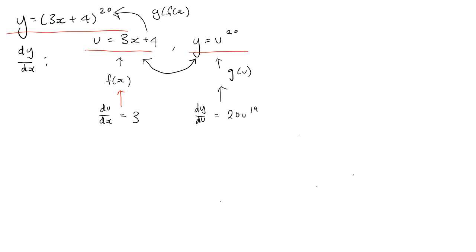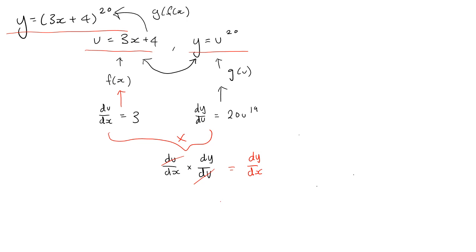Now what you notice is that if you multiply du on dx and dy on du, the du's cancel out, and we get dy on dx, which is the derivative of the original function, y equals (3x plus 4) to the power of 20.